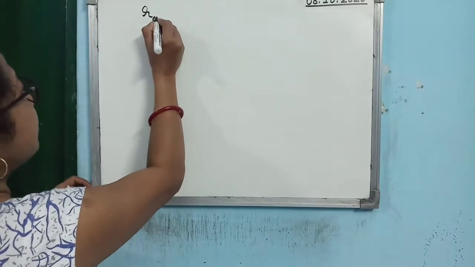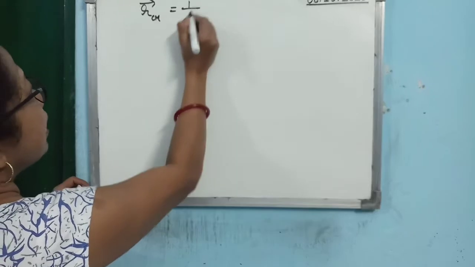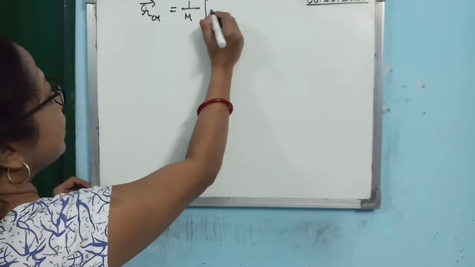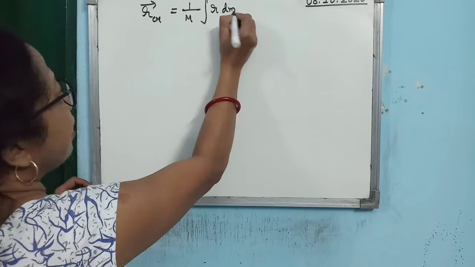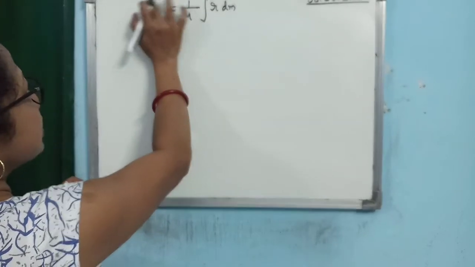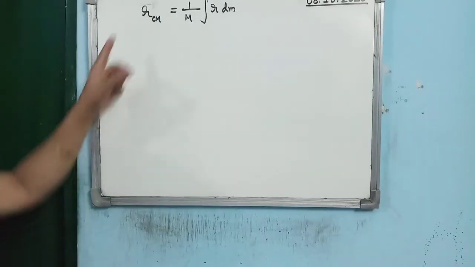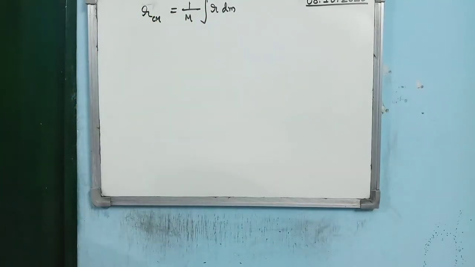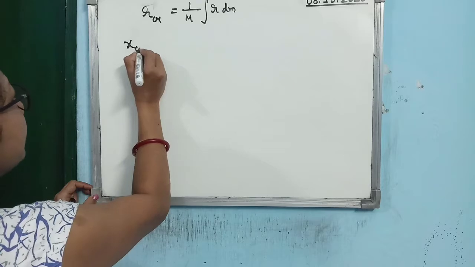So in case of continuous distribution, RCM is given by 1 upon m integration r dm. Here I am not giving the vector sign. If you give the vector sign, then you have to give it on both sides. And in that case, what will be the xcm?